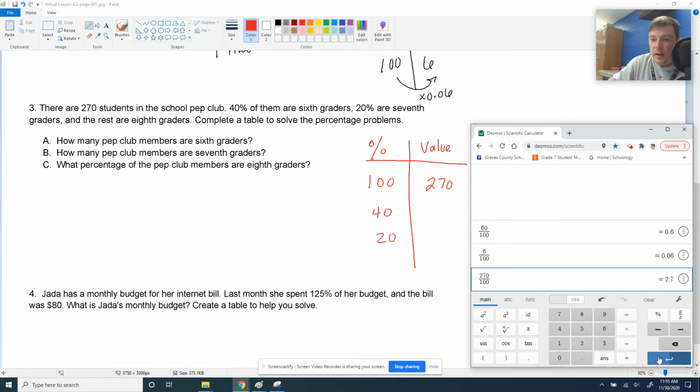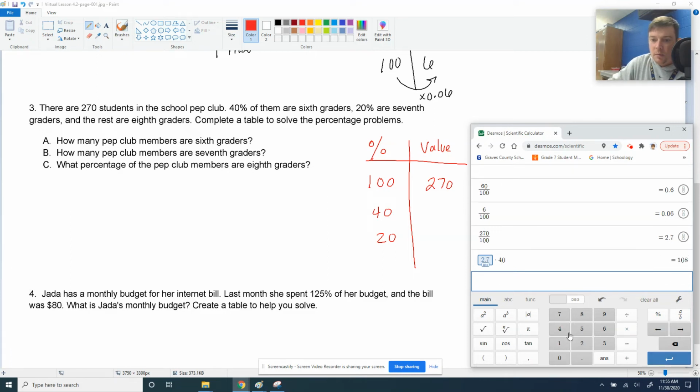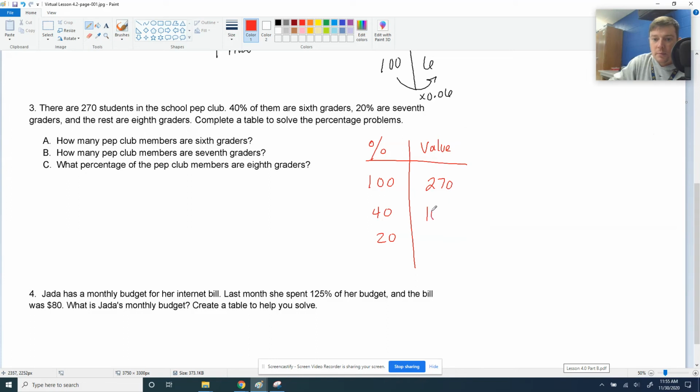So we want to take that answer and multiply it by 40, and take that answer and multiply it by 20, which is the other percentage that we're curious about. So times 20. And we get 108 and 54, because our constant of proportionality was simply multiplied by 2.7.